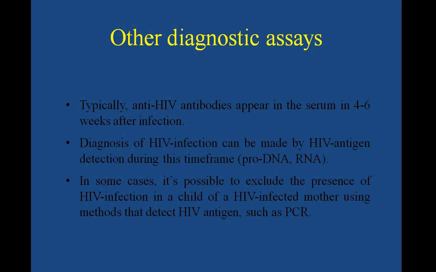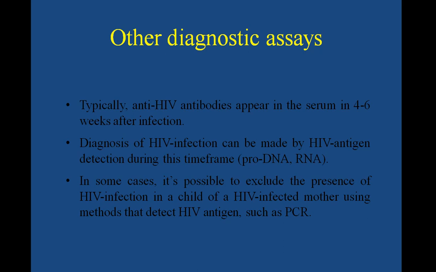Typically, anti-HIV antibodies appear in the serum 4-6 weeks after infection. Diagnosis of HIV infection can be made by HIV antigen detection during this time frame.